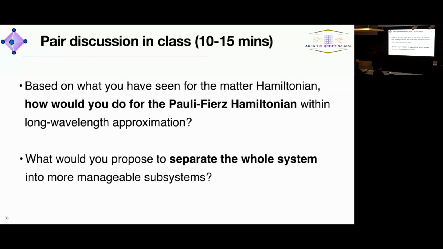Okay, so what kind of issue have you found? Like when you try to partition this Hamiltonian, the Pauli-Fierz Hamiltonian, have you found any issues or any discoveries? Anything, it's okay.